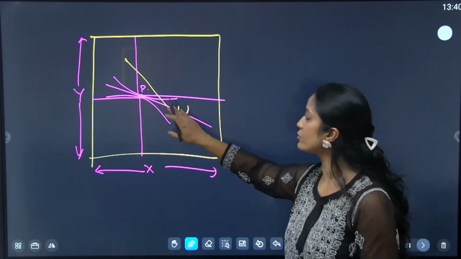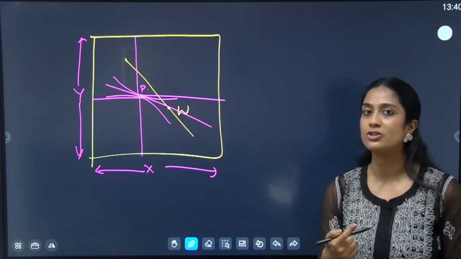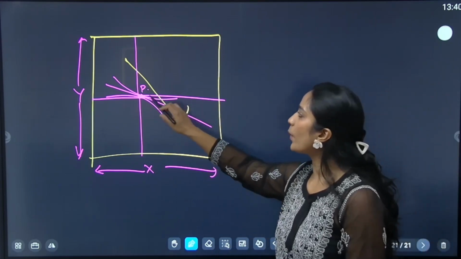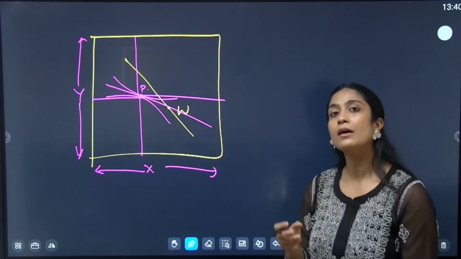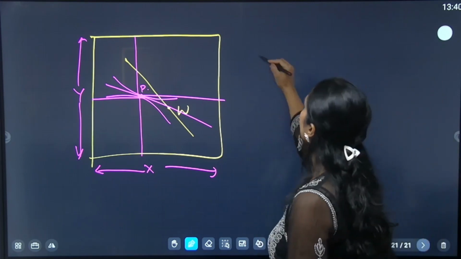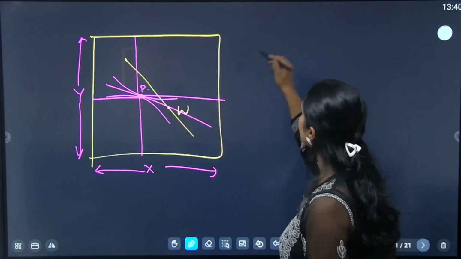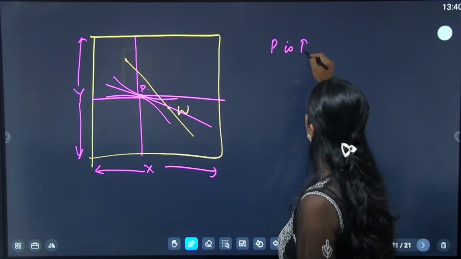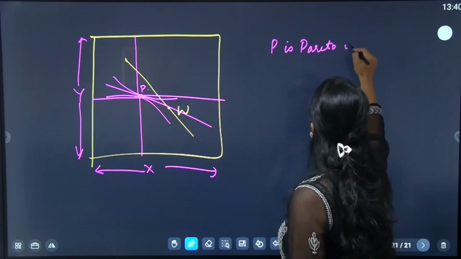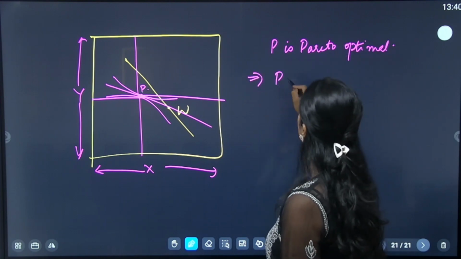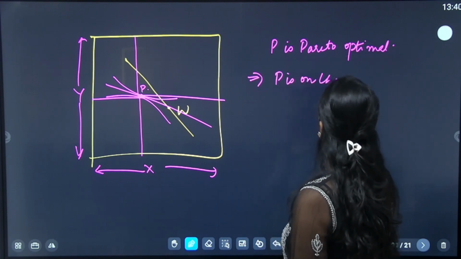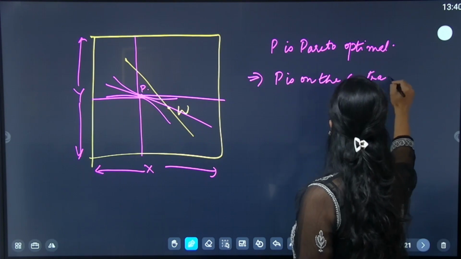Earlier they were tangent to the budget line, but they were not tangent to each other, okay? So we can easily see from this that P is Pareto optimal, which implies P is on the contract curve.